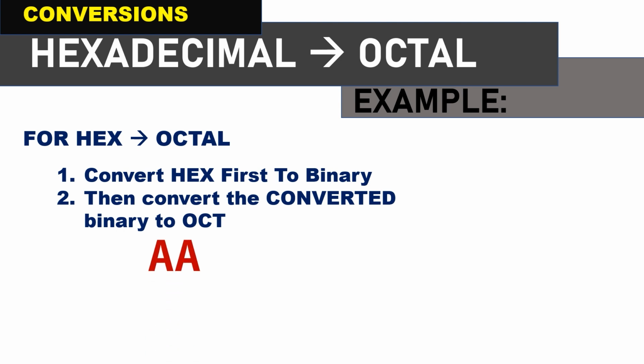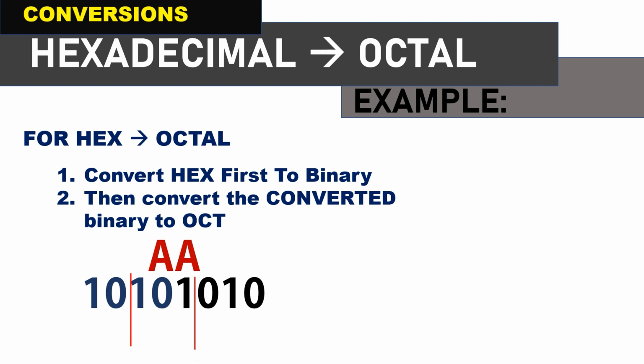For example, the given is AA. A is 1010 in binary, another A is 1010, and this time you're going to convert it to octal. That means you're going to group it by 3. Then 010 is 2, then 101 is 5, then another 010 is 2. So that's how we convert hexadecimal to octal.